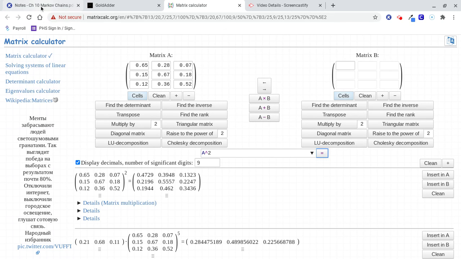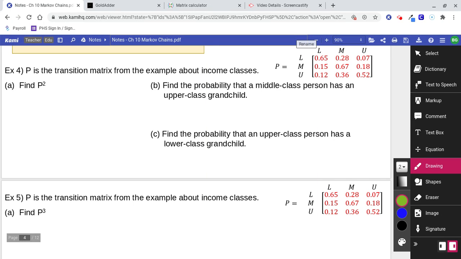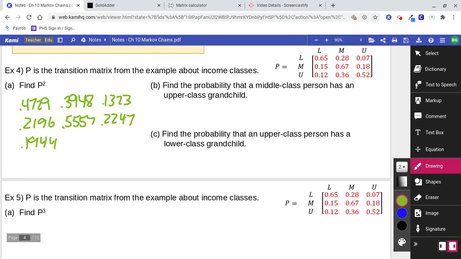So let's write them down. 0.4729, 0.3948, 0.1323, 0.2196, 0.5557, 0.2247, 0.1944, 0.462, 0.3436.